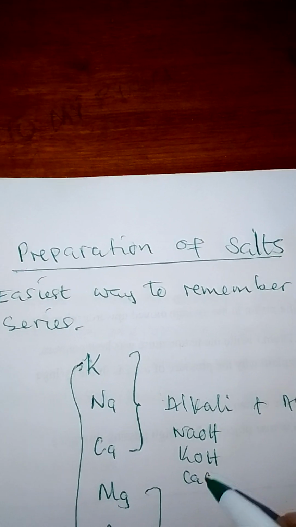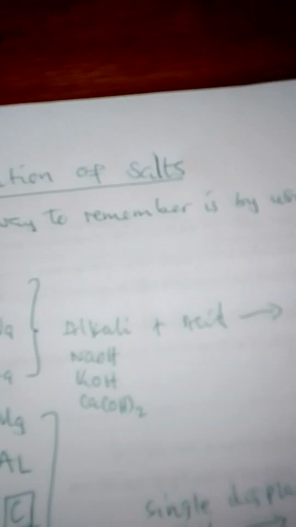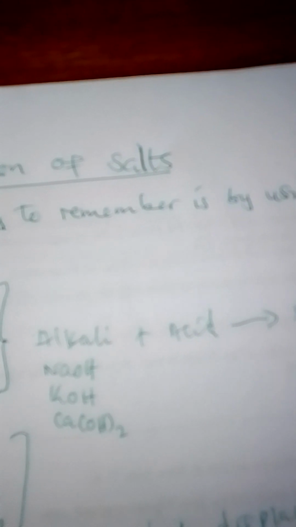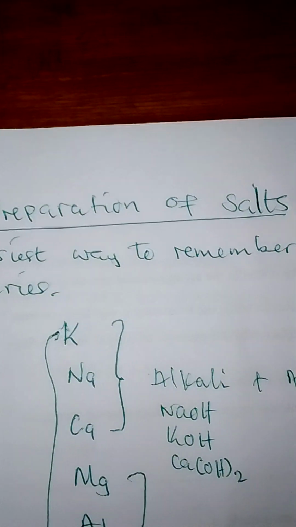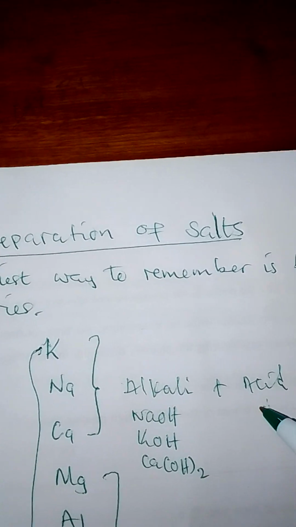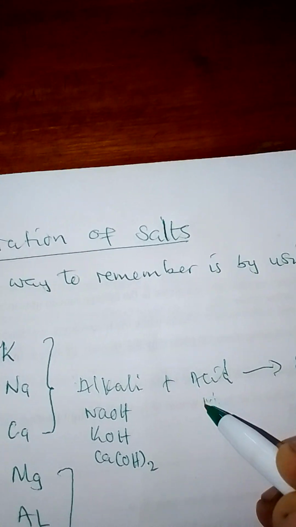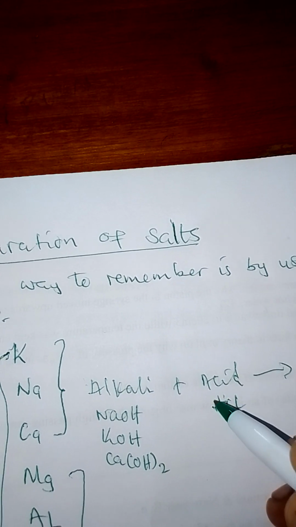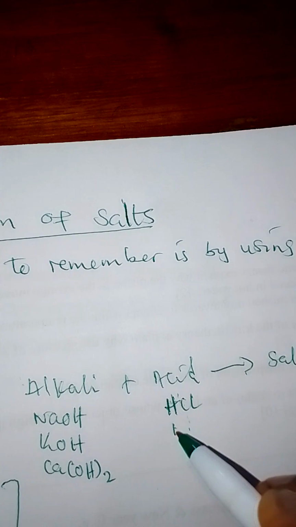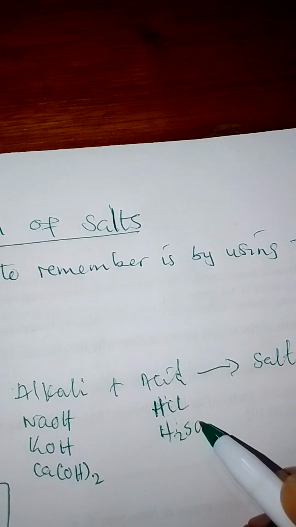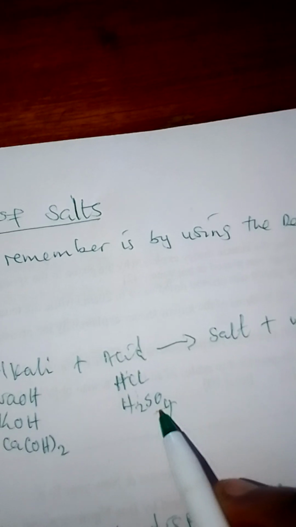We can also have calcium hydroxide. Then here you can put any acid. Acids that we can use: if you want a chloride salt, you can use HCl. For a sulfate salt, you can use sulfuric acid, because the sulfate salt will come from the sulfate in sulfuric acid.